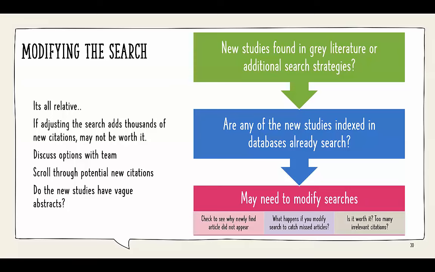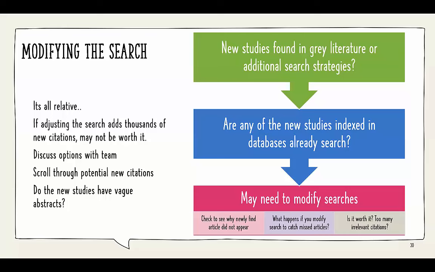Sometimes you didn't see the article because it didn't have any of the synonyms that you used for something, and then there's an additional synonym. Maybe that only brings up like 50 more, maybe it's a rare synonym. It could be that the abstract was so vague that to get that one article in would grab thousands of articles that are not relevant.